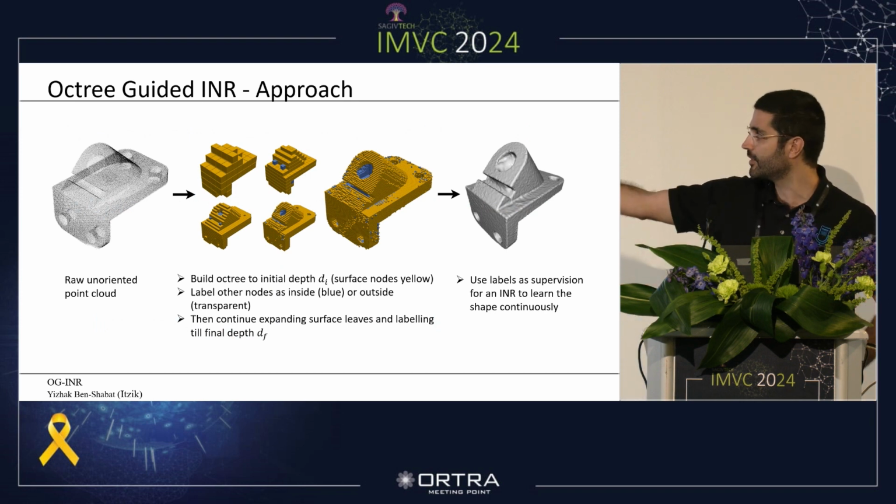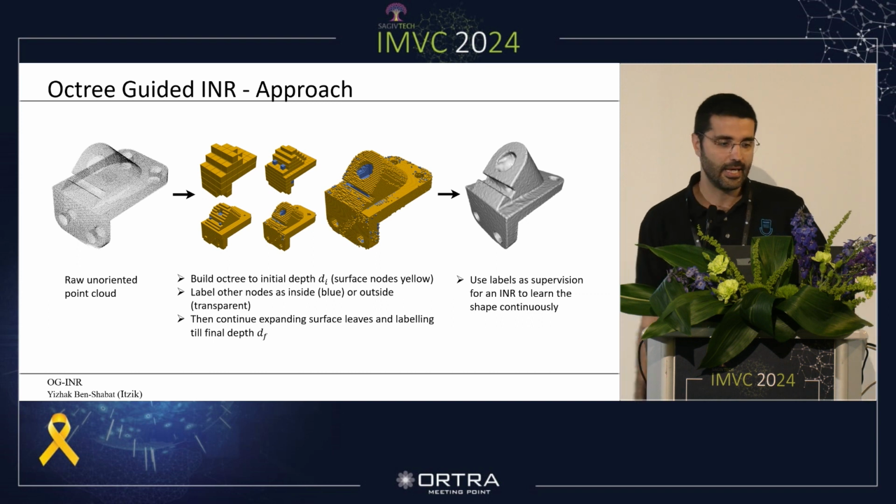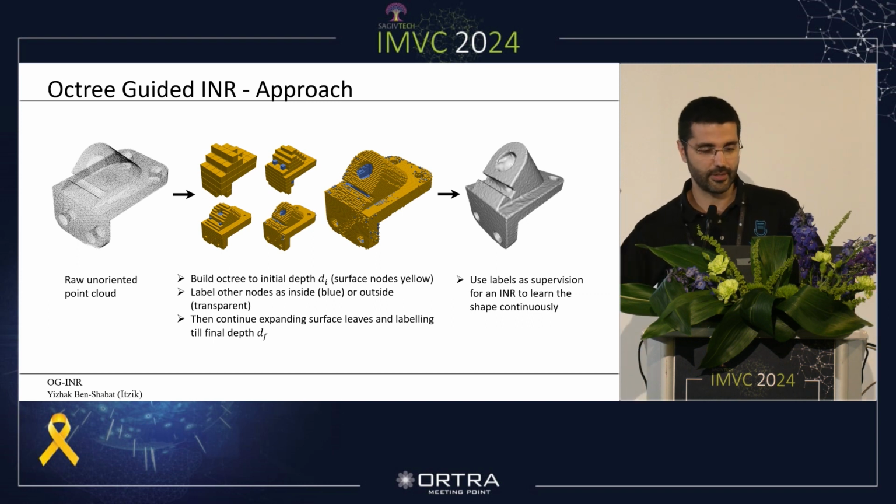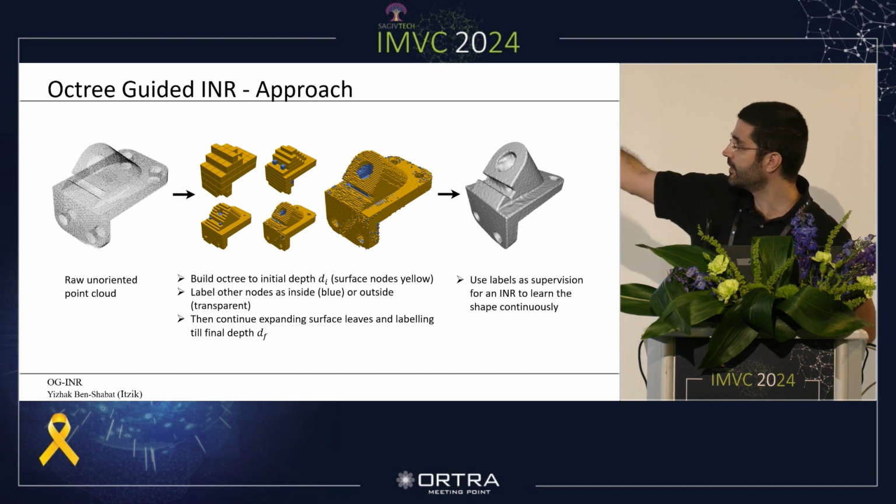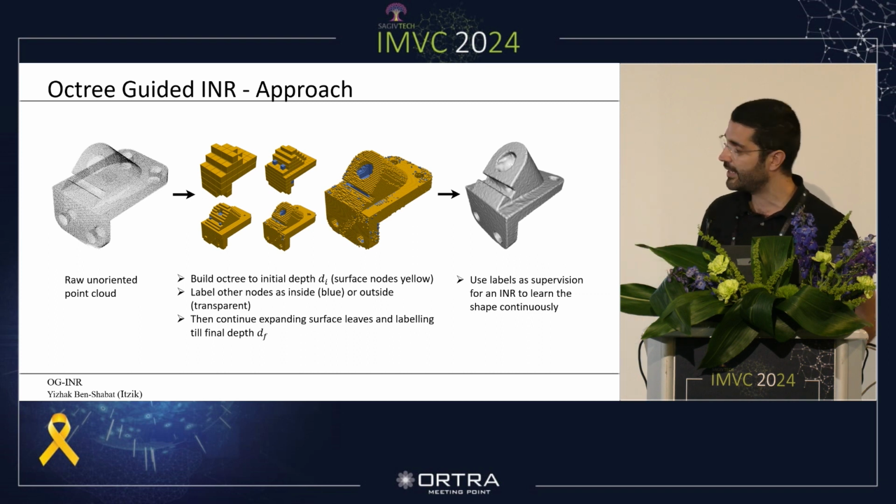So we have a 3D point cloud as input, no normals, and we first construct the octree, which you can see the different depths of the octree that you can get.